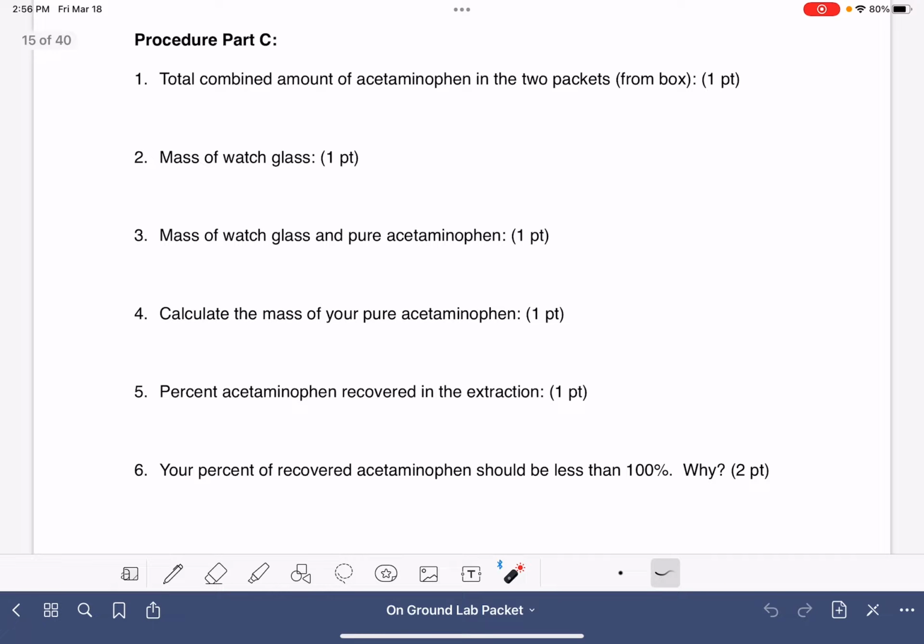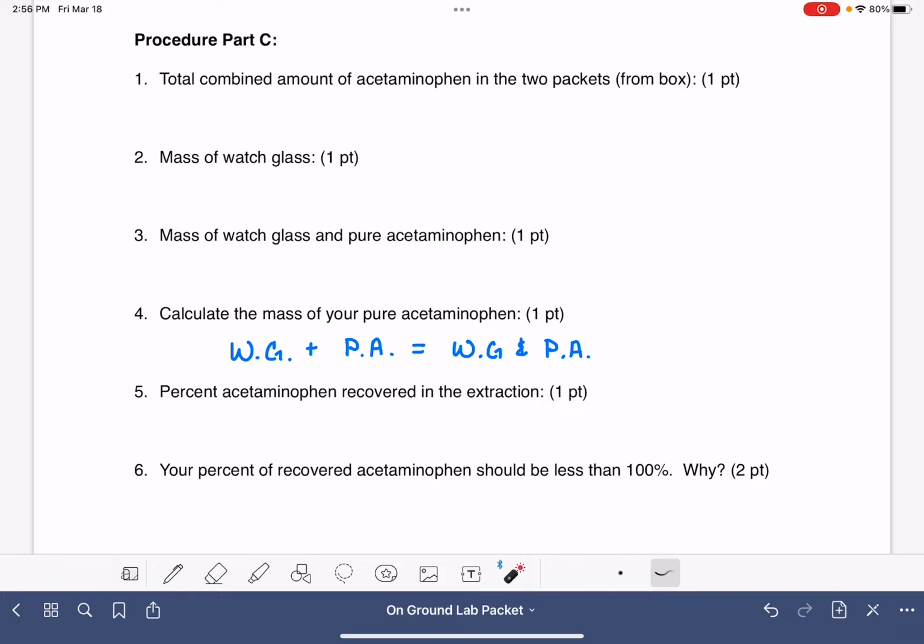Question number 4 is asking you to calculate the mass of your pure acetaminophen. That is going to come from the data that you reported in problems 2 and 3. The mass of the watch glass, I'm just going to abbreviate WG, plus the mass of pure acetaminophen, I'm just going to abbreviate that PA, is equal to the mass of the watch glass and the pure acetaminophen.